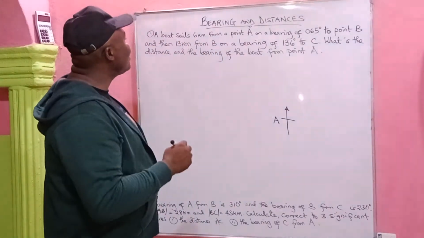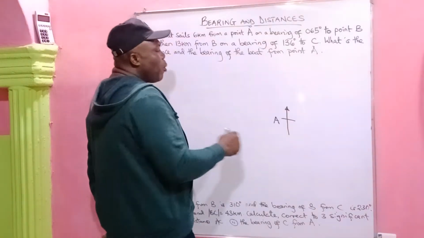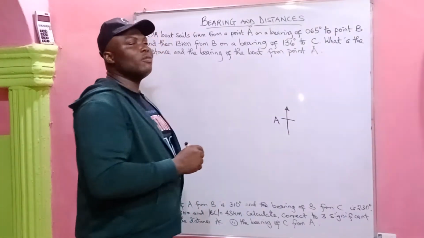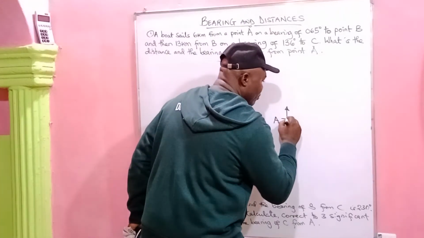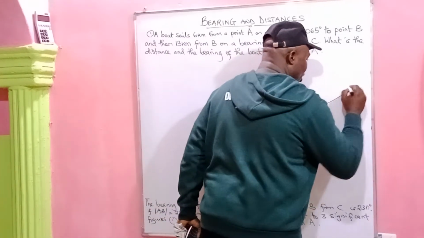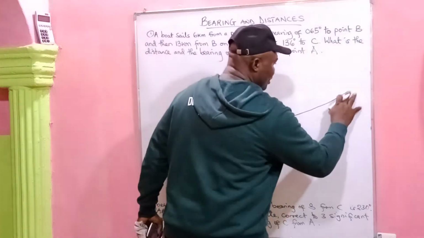So they say the boat sails 6 kilometers from a point A on a bearing of 065 degrees to point B. So 65 can be here. That's a straight line. It must be straight.